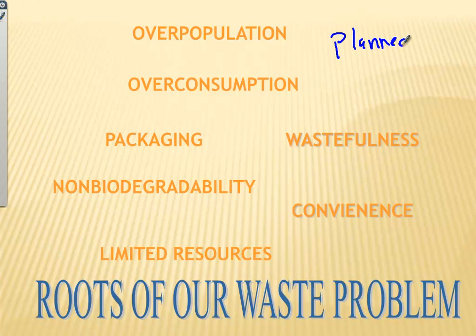When we take all these terms, these are the root causes, but if we also add one more, I'll put it at the top here, called planned obsolescence. Obsolescence, meaning that we design products that are planned to become obsolete.